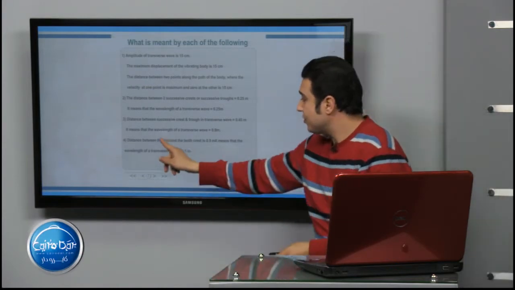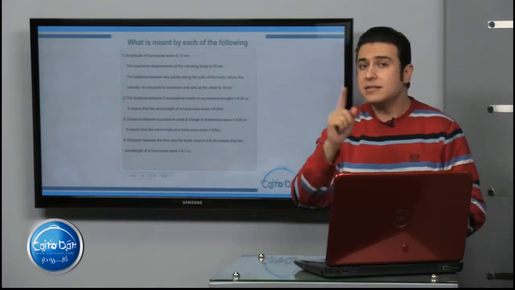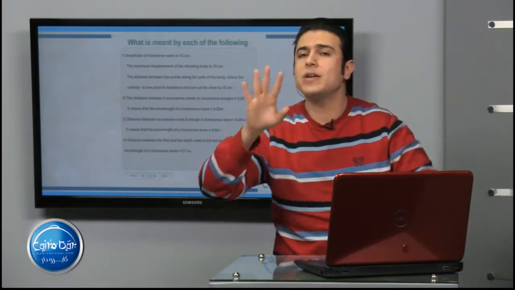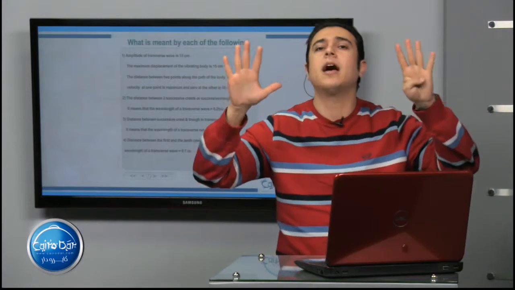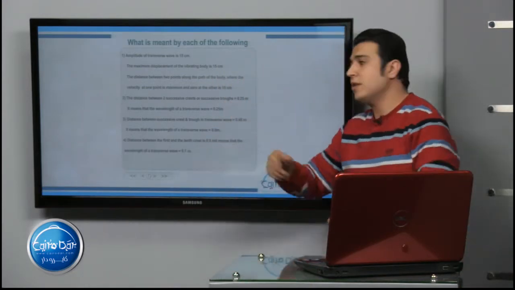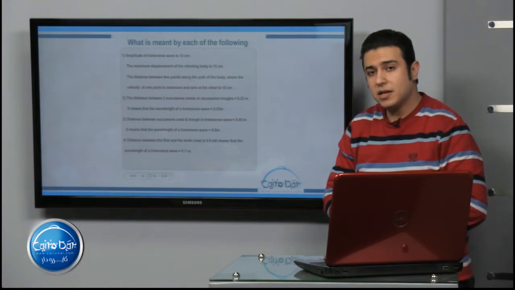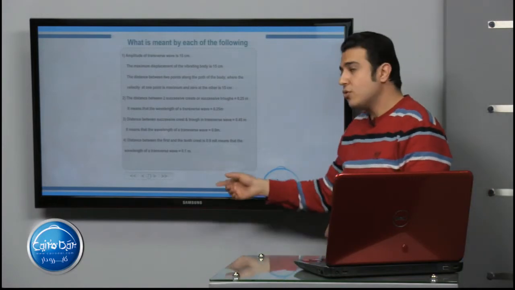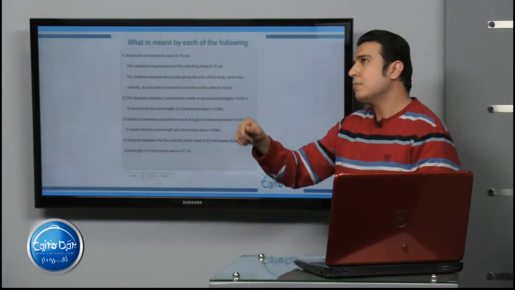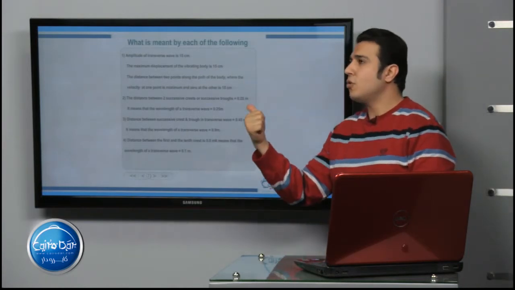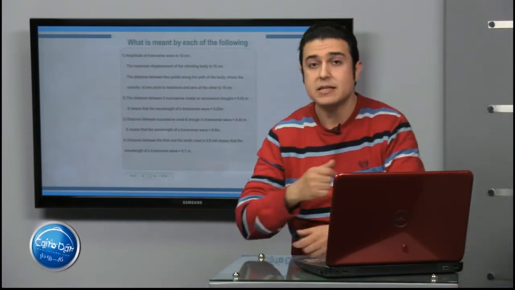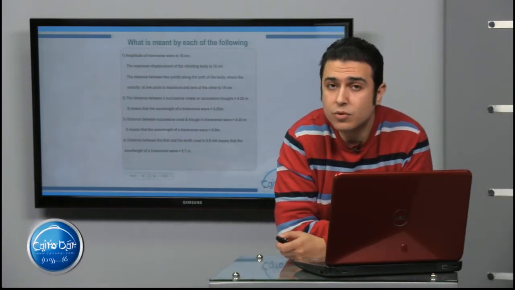From the first crest to the 10th, we have 9 wavelengths, 9 lambda. 9 lambda equals 0.9 meter, so lambda equals 0.9 divided by 9 equals 0.1 meter. That's the wavelength for this wave.